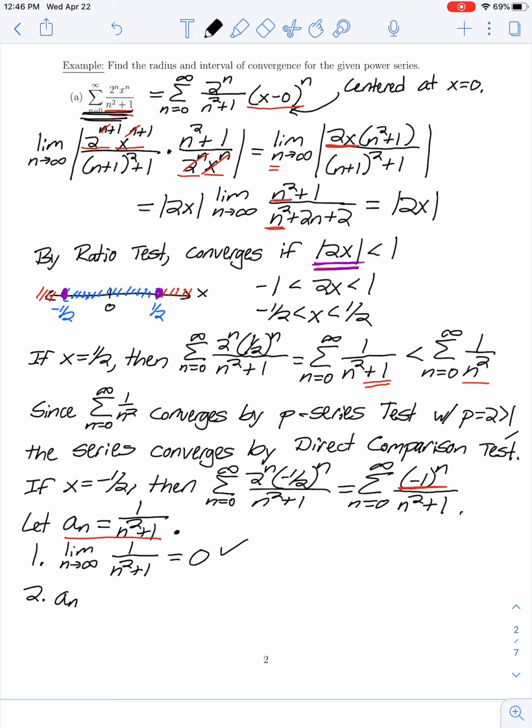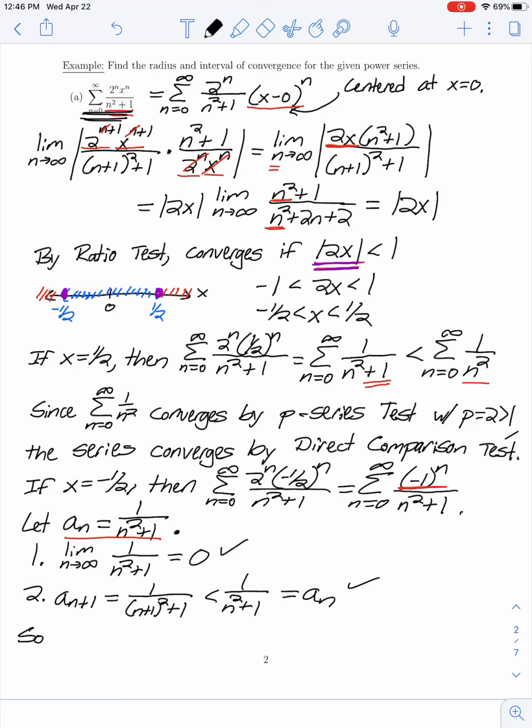So here, if we look at a sub n plus 1, that is 1 over n plus 1 quantity squared plus 1, which is certainly less than if we just had 1 over n squared plus 1. Since my denominator would be larger for the n plus 1 term, I would have a smaller term than if I just considered n squared plus 1. But this is a sub n, so we have shown that the sequence a sub n is decreasing.